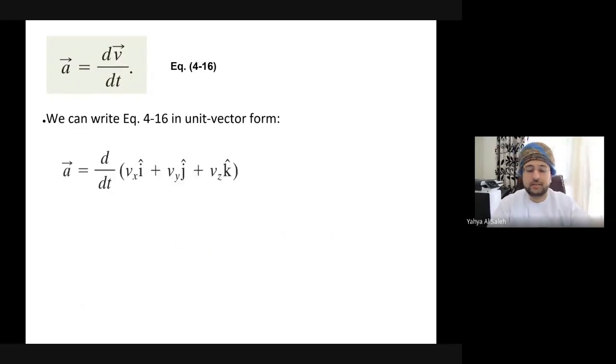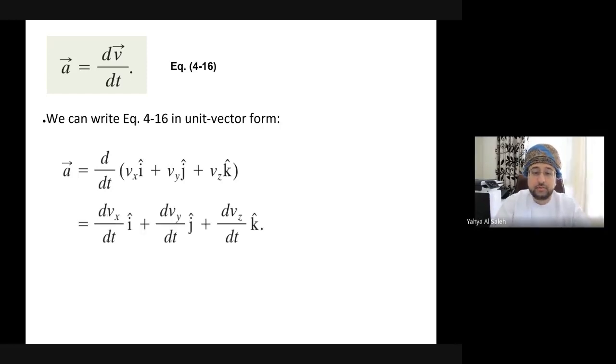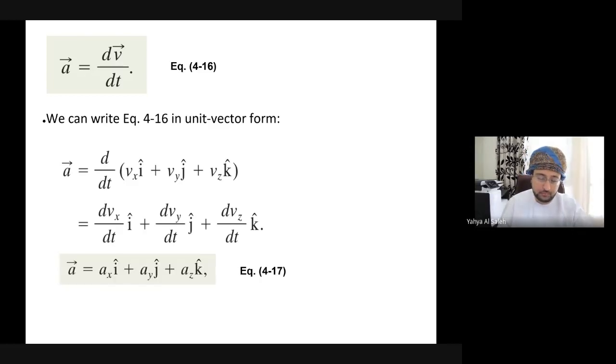Okay, so acceleration is dv by dt, and we end up with 3 different accelerations: Ax, Ay, Az. Just like for velocities, we ended up with 3 different velocities.